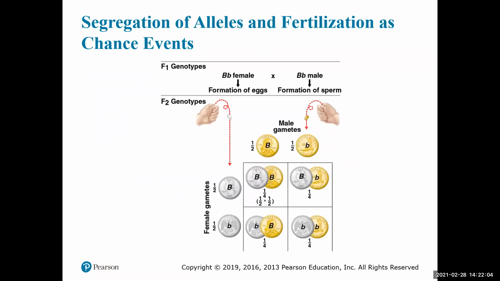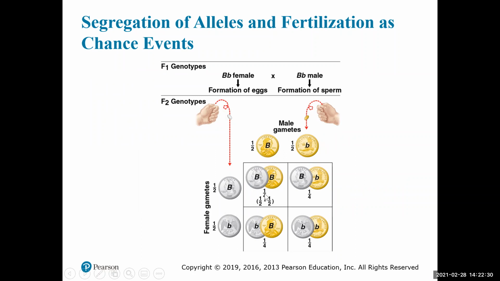Okay, so basically, if you have, say, a male who's heterozygous and a female who's heterozygous, the probability of the capital B being passed on is 50% or 1/2, because you can either pass on the capital or the lowercase in both situations.